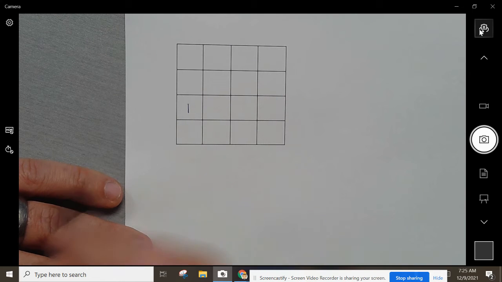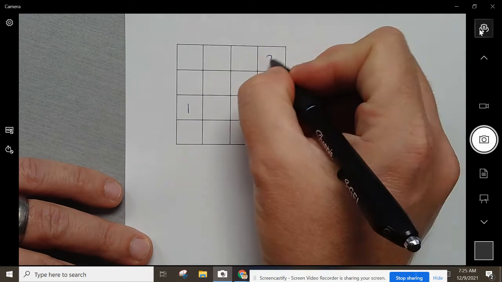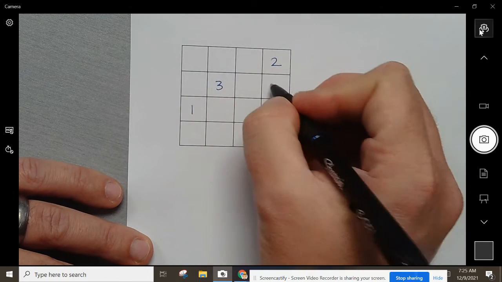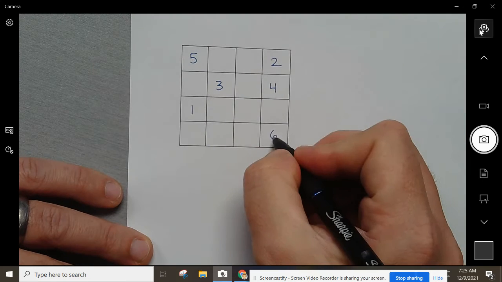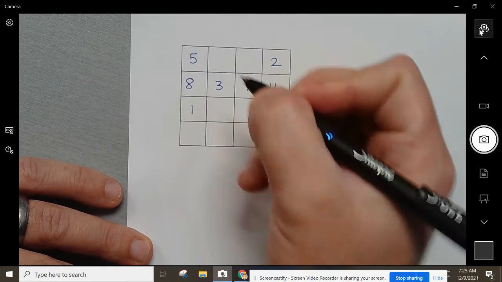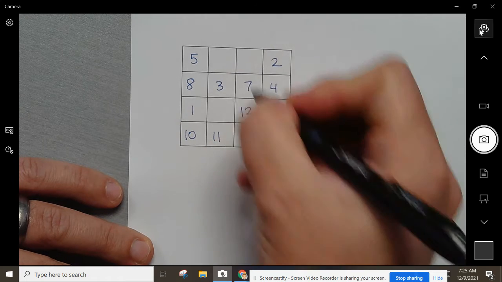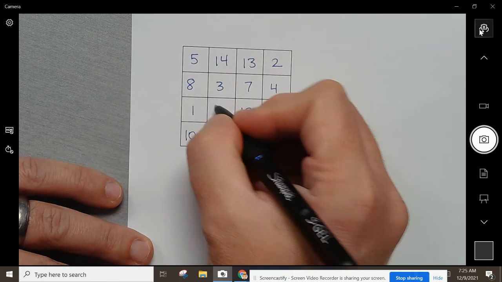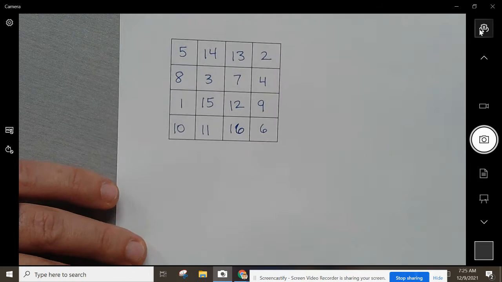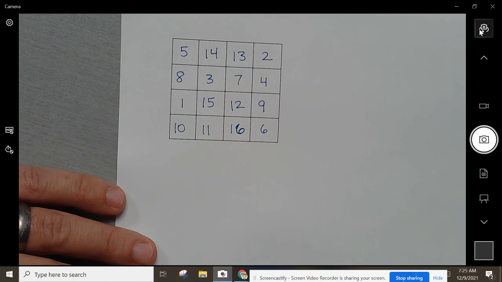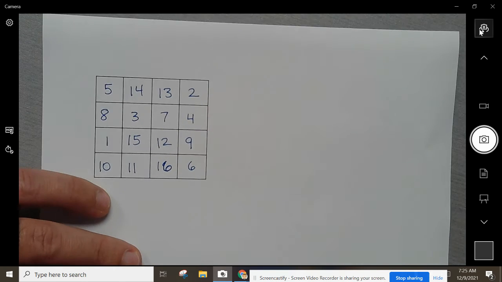Some kids just start putting numbers and they don't know where they're at, so I ask you to go in order: 1, 2, 3, 4, 5, 6, 7, 8, 9. You get the idea. Anywhere you want, till you have all 16 numbers in the box. And we're going to start crossing these out as we play our bingo game for raffle tickets.